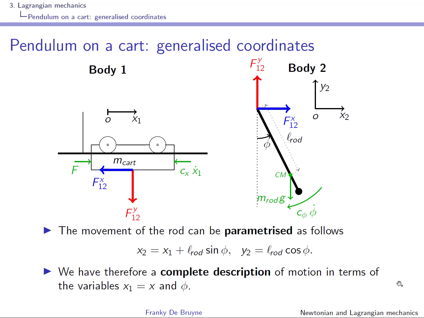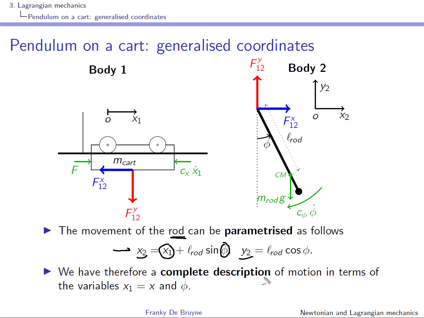Okay, so we've seen that the linking equations can be like that, and the linking equations are actually giving you the movement of the rod, of the pendulum, and you see that it's parameterized by the variable x1, which we have called x, and the variable phi.